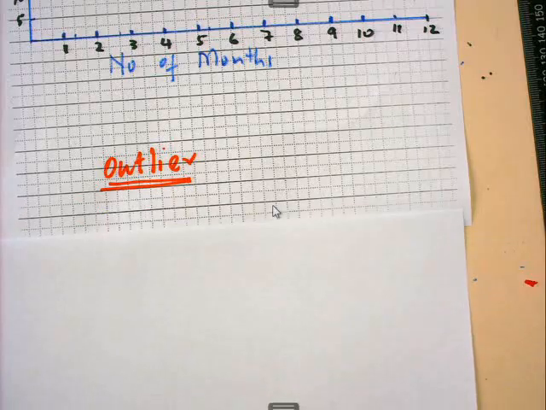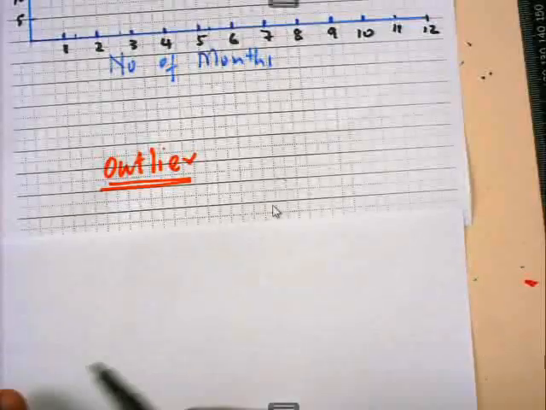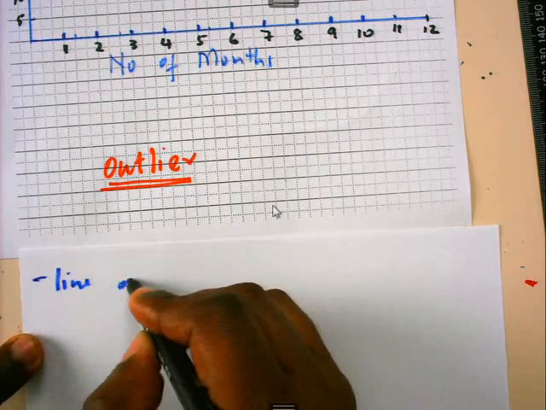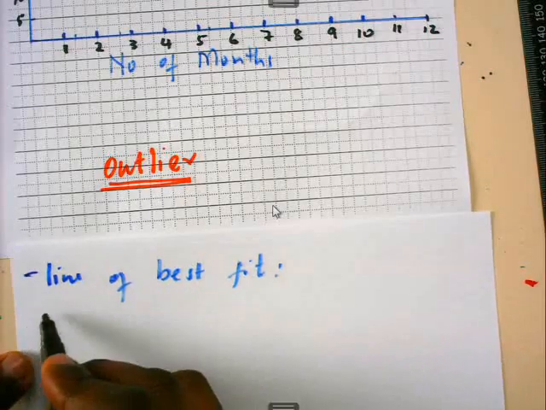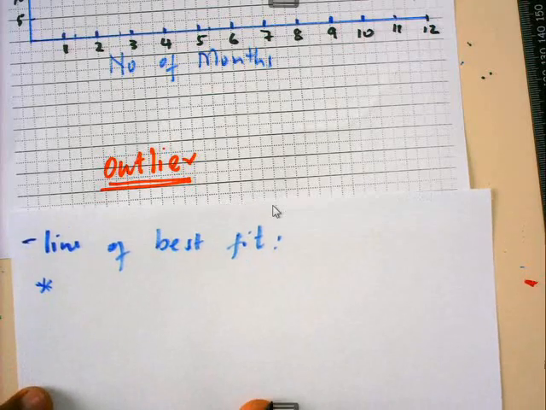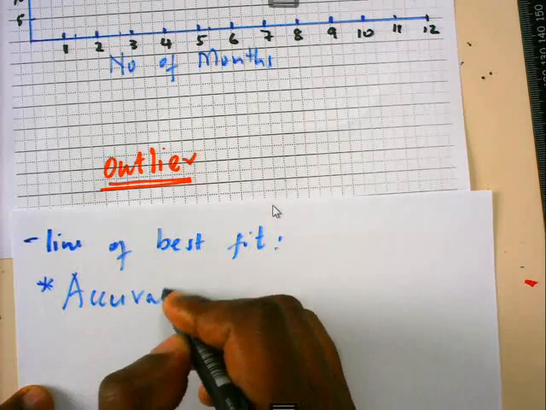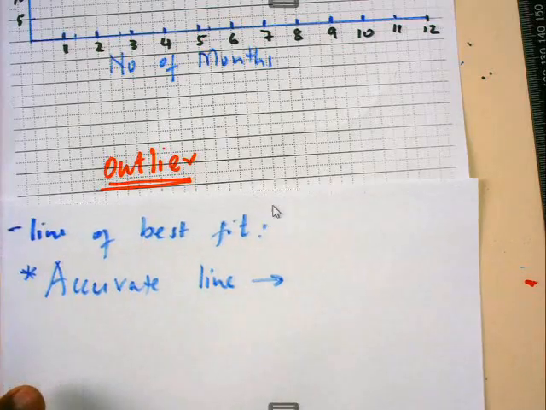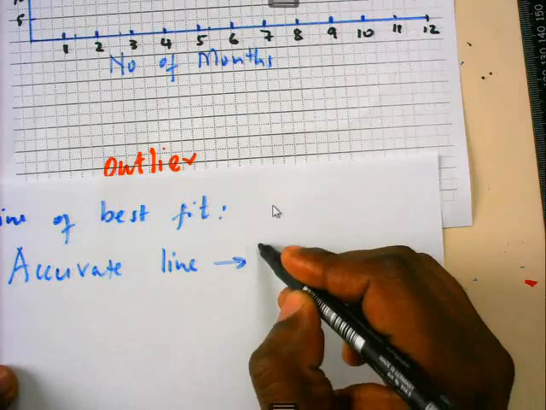The line of best fit, because we are going to be accurate, let me write down here. Now we are going to draw the line of best fit. Good. Now for us to draw a line of best fit, because it is very accurate, I want to write here accurate line. This line, because it's so accurate, is called the least squares regression line.